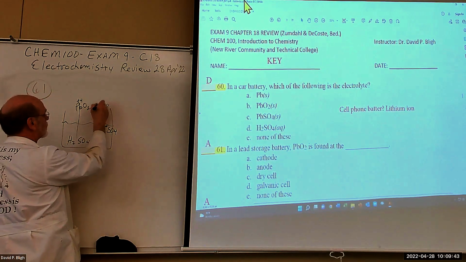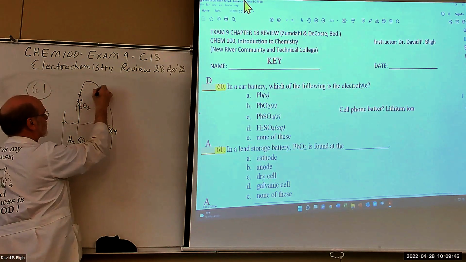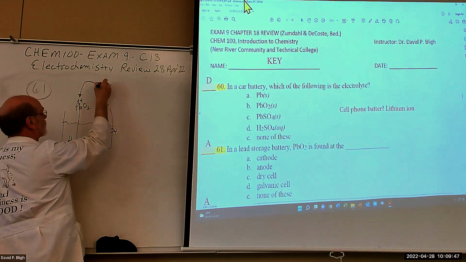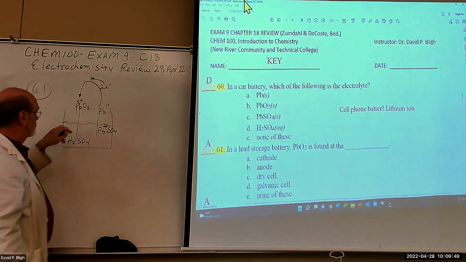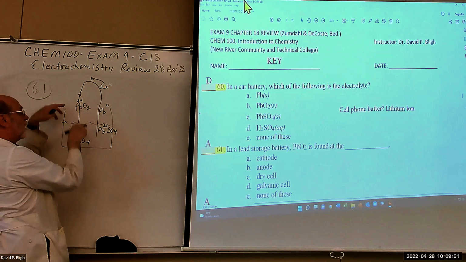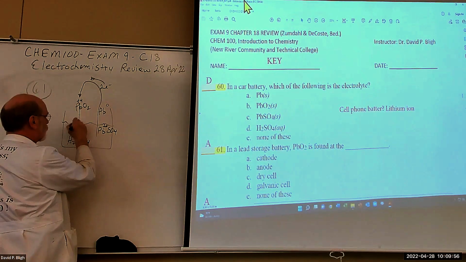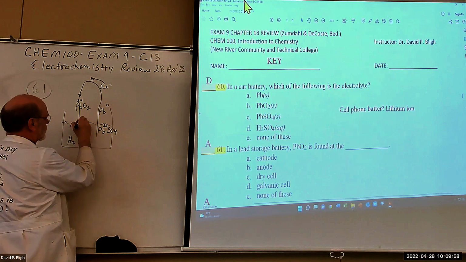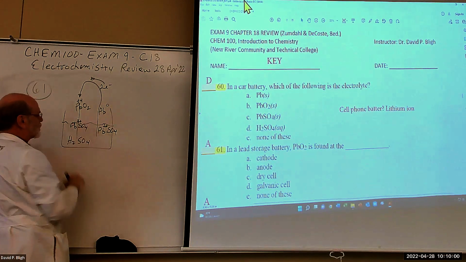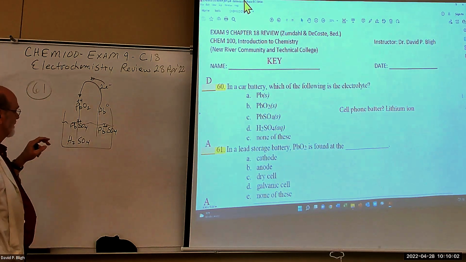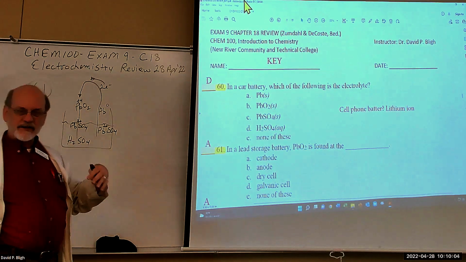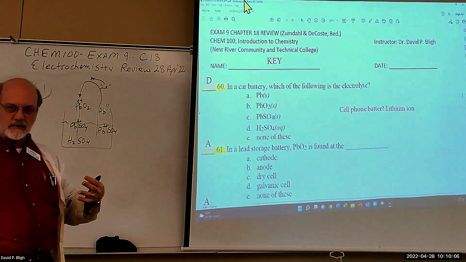Where are they going? They're going through the external circuit. 2 electrons are going this way. When they come over here, this lead is going to be reduced, and it also will produce lead sulfate.